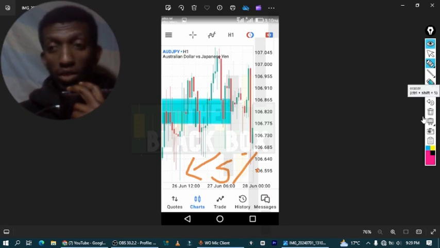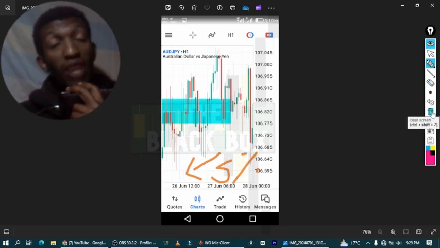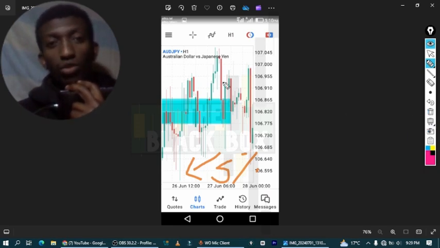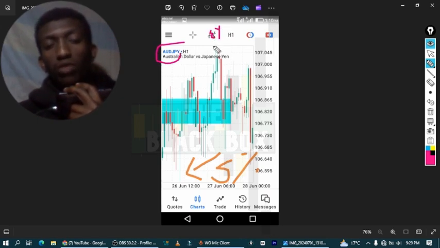I don't want to do it. The setup forms every single day. If you don't find it in Aussie yen, you will find it in Euro yen. If you don't find it in Euro yen, you will find it in dollar yen. If you don't find it in dollar yen, it will be on USRT.